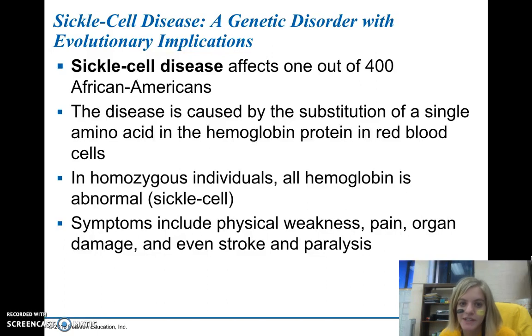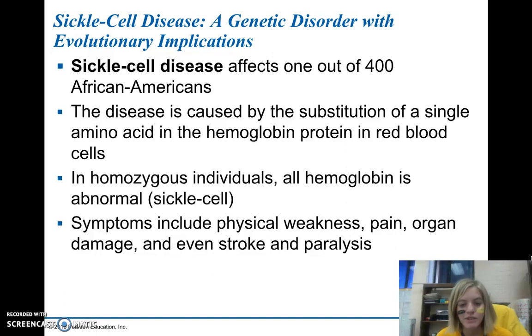Sickle cell disease is another genetic disorder which has an evolutionary implication as well. This disease is particularly prevalent among African Americans due to the actions of natural selection. Essentially, there's a substitution of a single amino acid in the hemoglobin protein in red blood cells, which causes lower levels of oxygen.